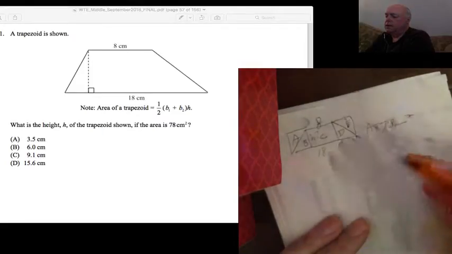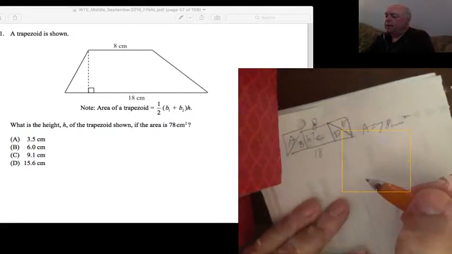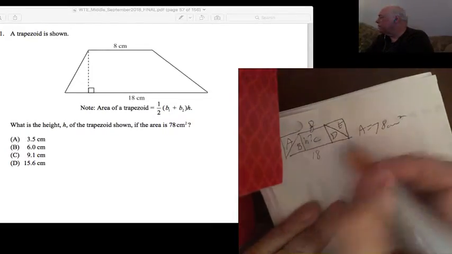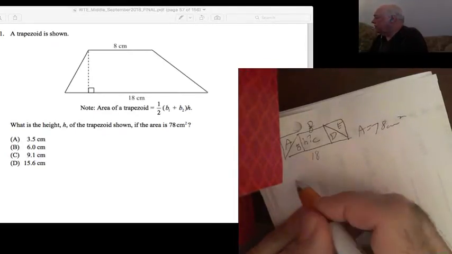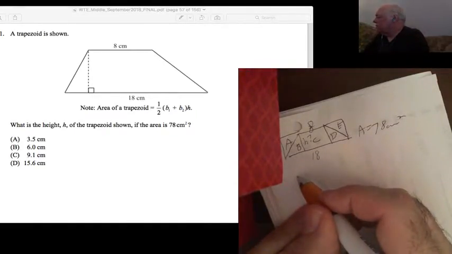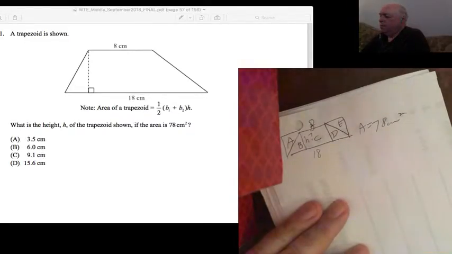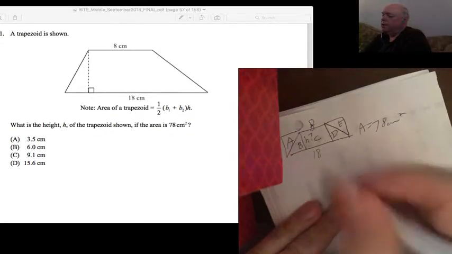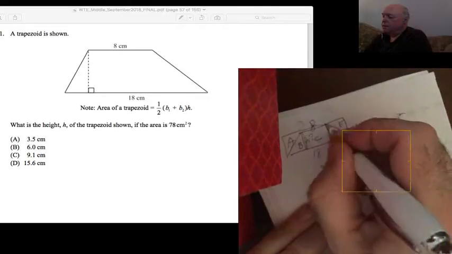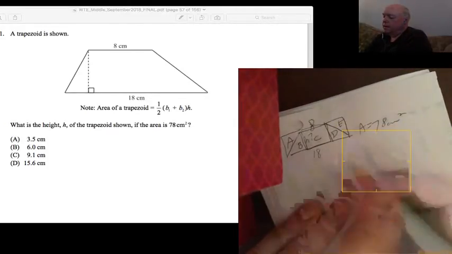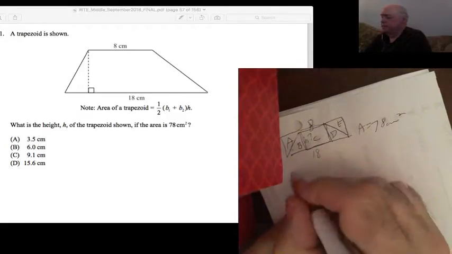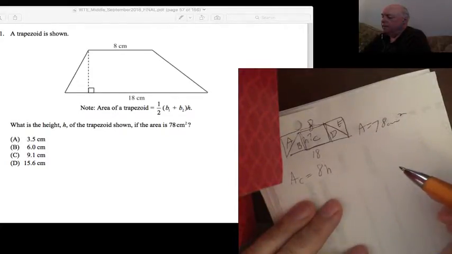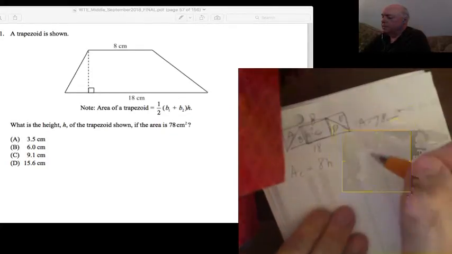So it turns out we know the area of the whole rectangle is going to be 18 times H. We know the area of C is going to be 8 times H. And if that's true, then the length of this plus this is going to be 10.